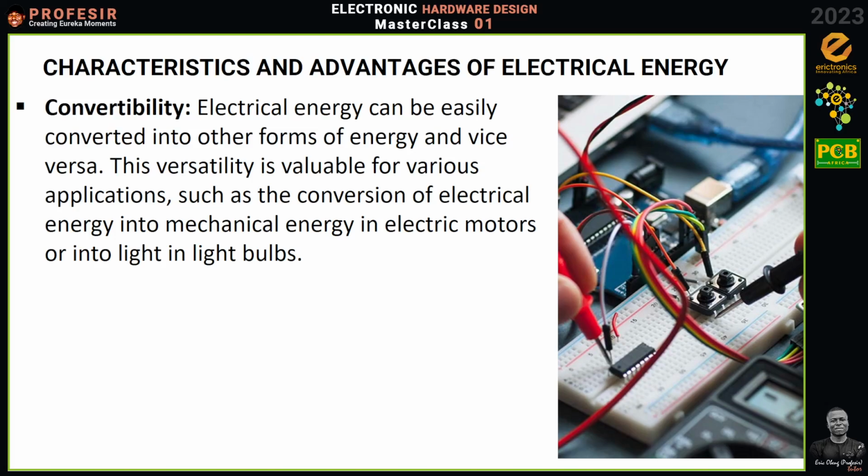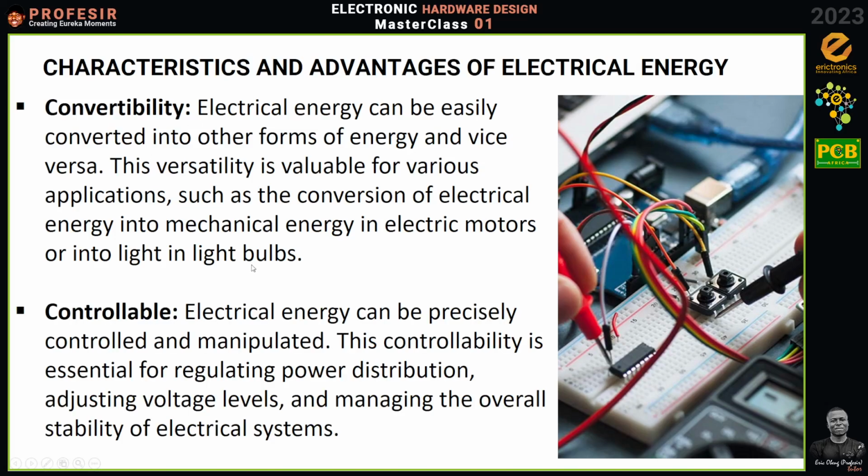So it is easy to convert electricity into other forms of energy. It is much easier and more convenient, and it is also controllable. In fact, the whole idea of electronics is so that we'll be able to control and manipulate the energy. It is not very simple with other forms of energy, but electricity is highly controllable.